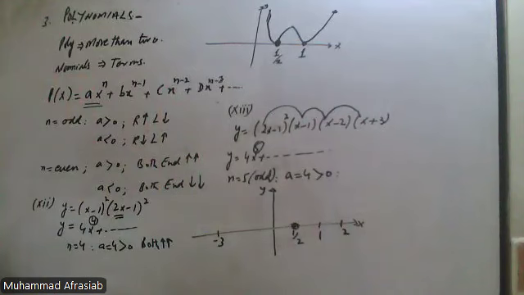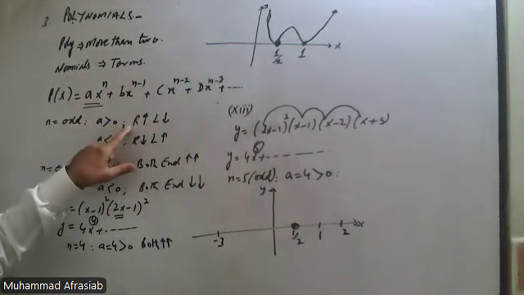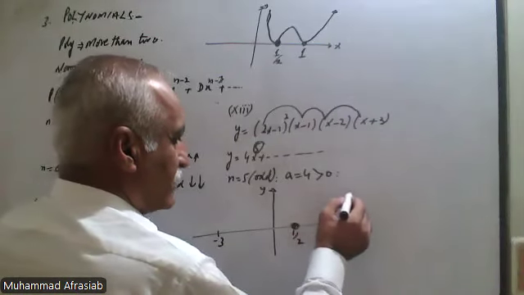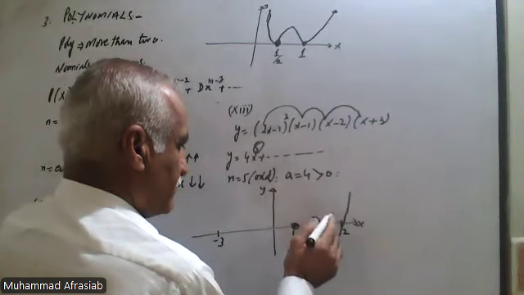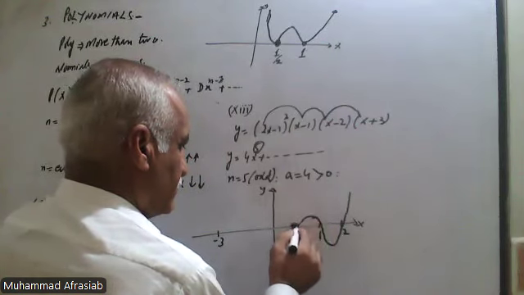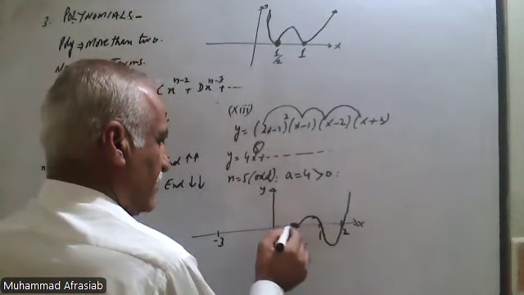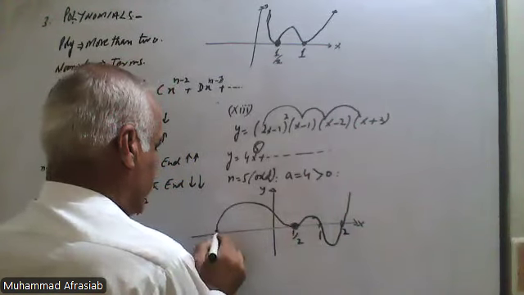Now, when it is an odd power and the value of a is greater than 0, then the right side will be upward. So the right side of this graph will be upward, passing from this point. Here it will make a turn, and then it will become downward.